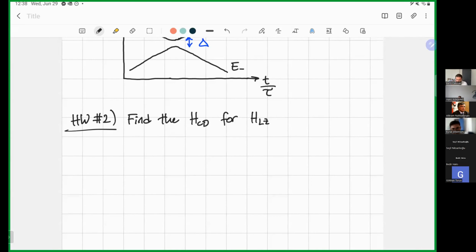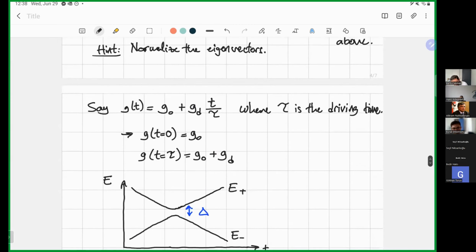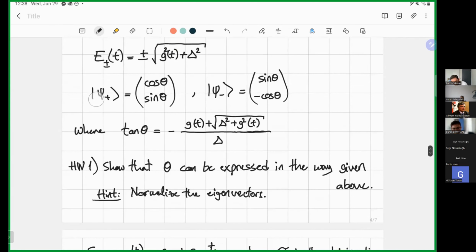Maybe let me not give more, it would be too obvious, but as I said, you have two eigenstates, m and n are just psi plus and psi minus.